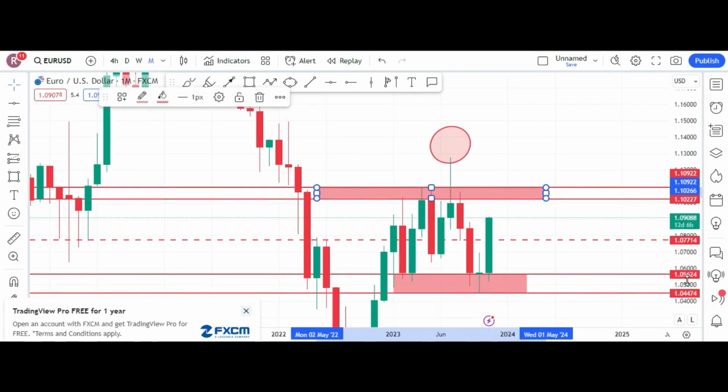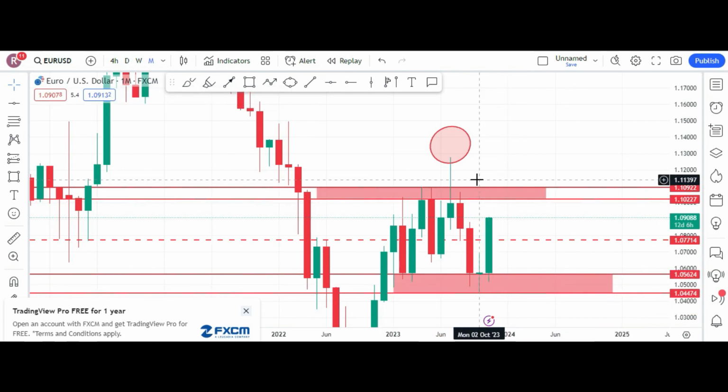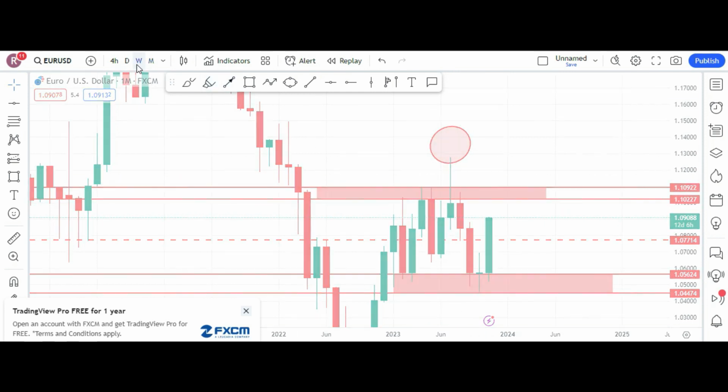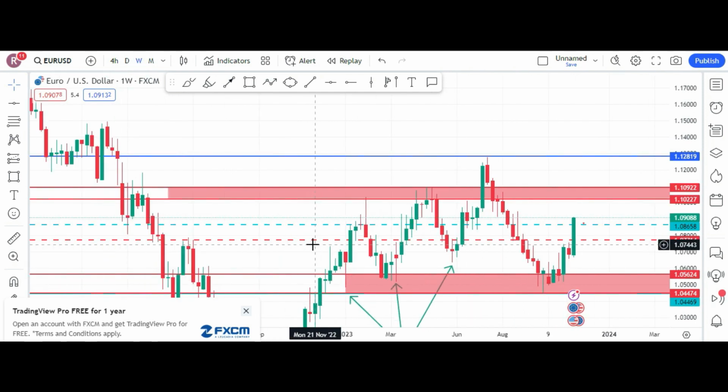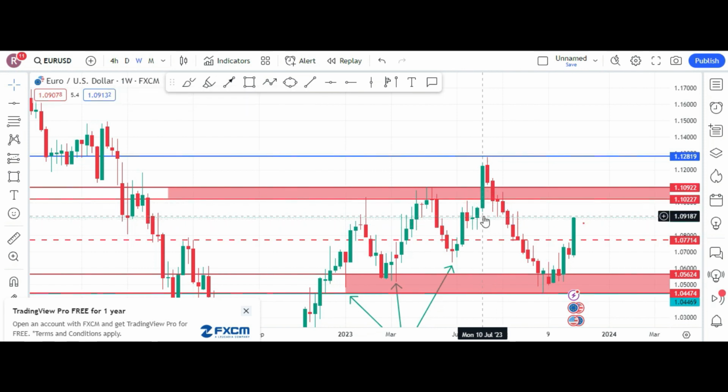Now there is a catch here, so we need to go to weekly and visualize. Do we have a weekly top here? And this is the middle of the month, don't forget. No, we don't have a double top here in week, so there is nothing in the weekly time frame.